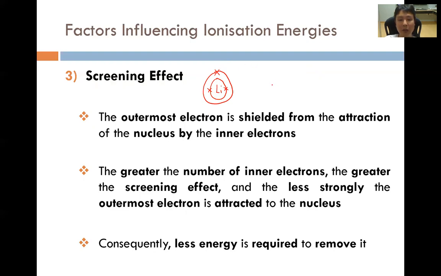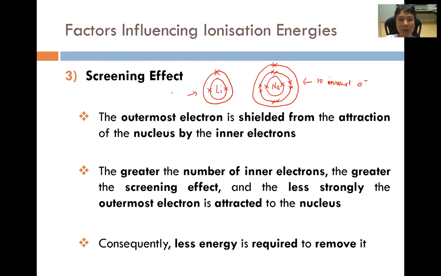Consequently, let's say we go to another element, which is sodium. And sodium has 3 shells. And the innermost electrons are shielding the nucleus from this valence electron. For this case, there is a total of 10 innermost electrons.